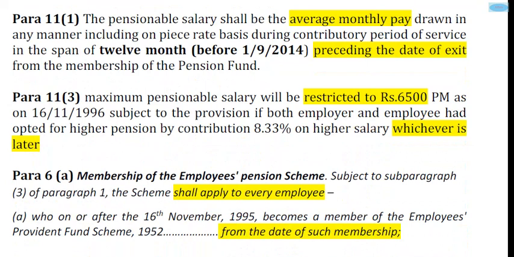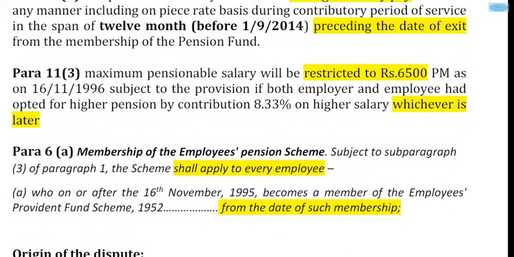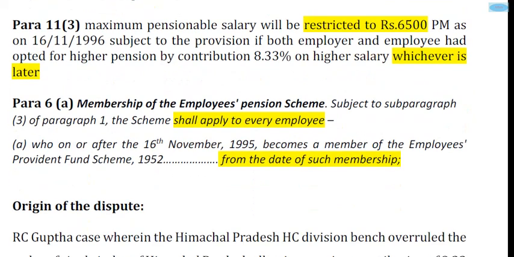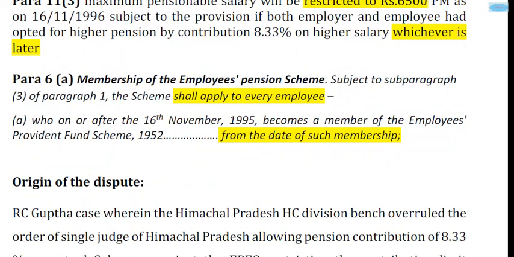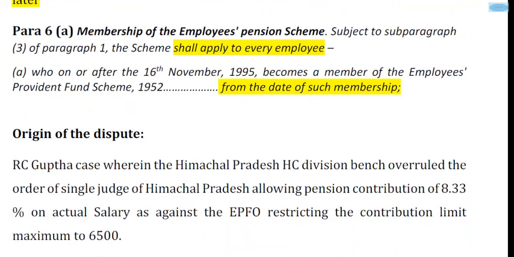Para 11 subclause 3 provision, then para 6 subclause A of the pension scheme were discussed. Now, this was disputed in the courts. Okay, this is before the amendment I am talking about. This itself was disputed in the court.